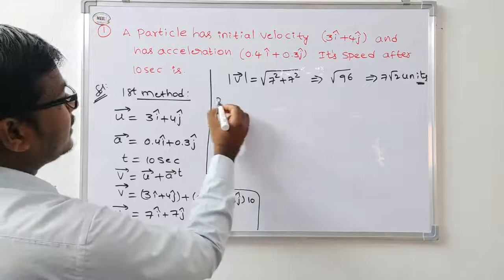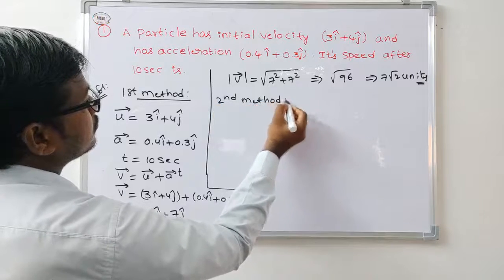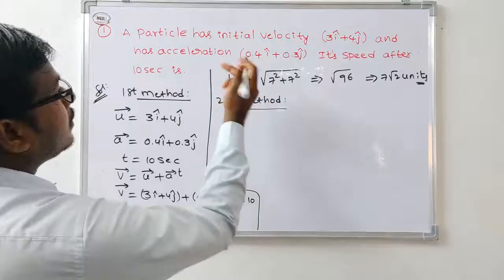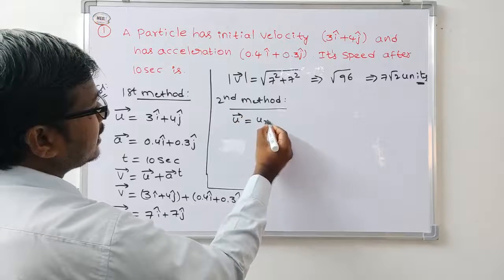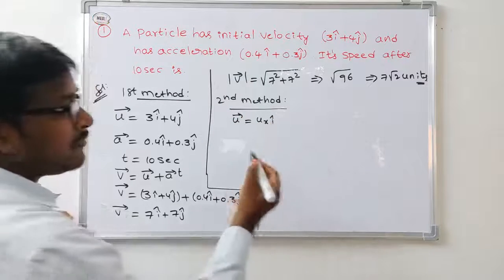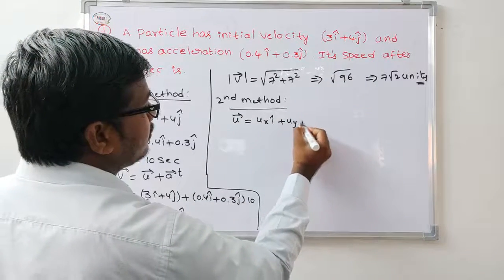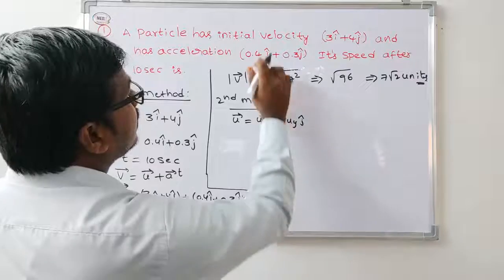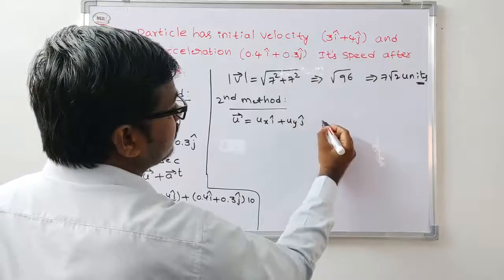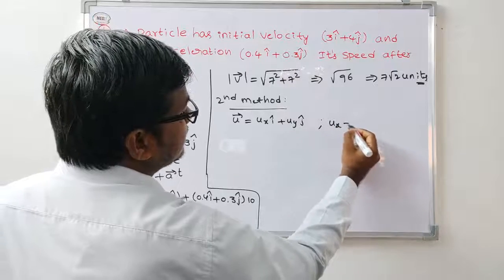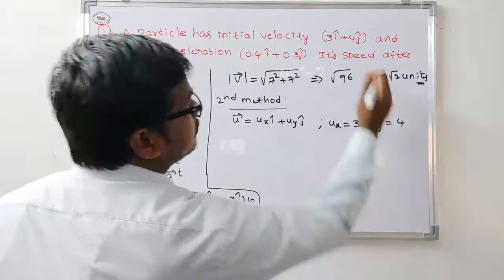And the second method: u bar is written in unit vector formation as ux i cap plus uy j cap. In this problem, ux is equal to 3, uy is equal to 4.